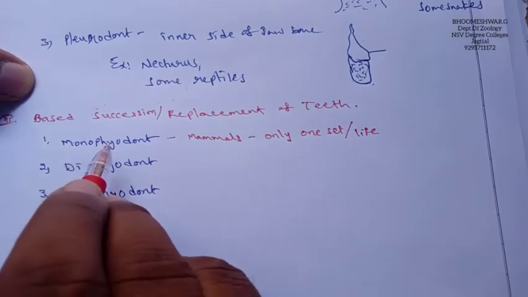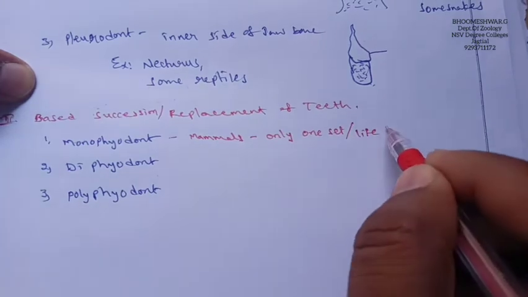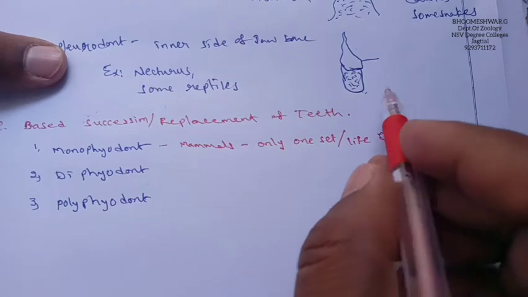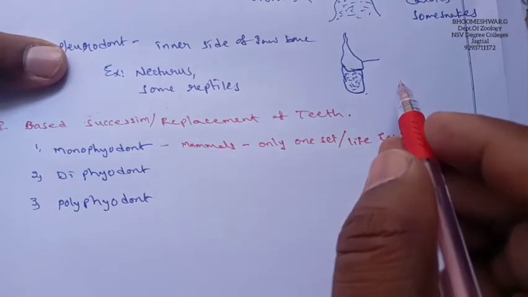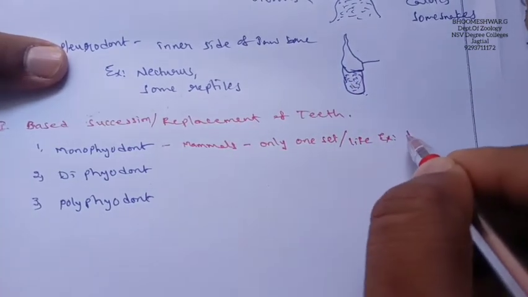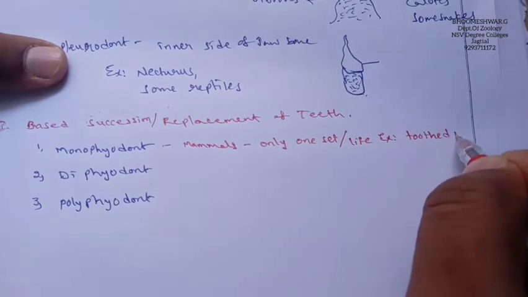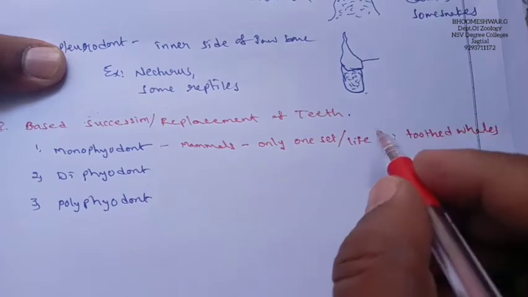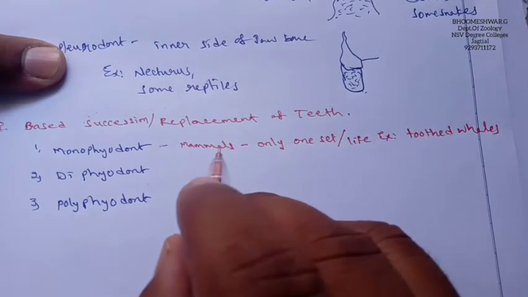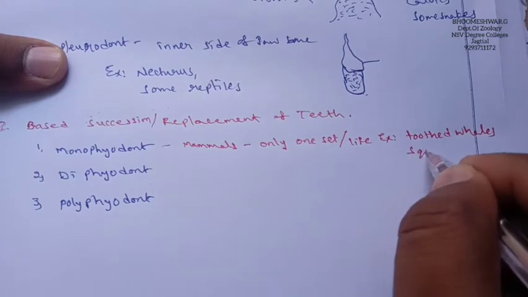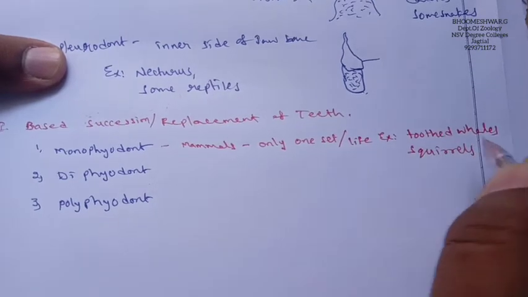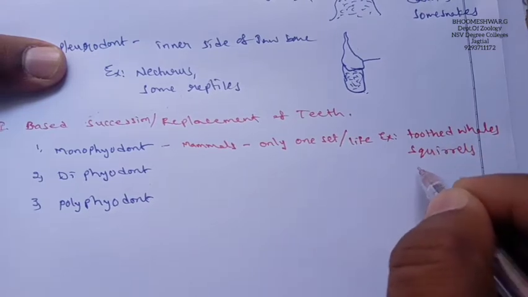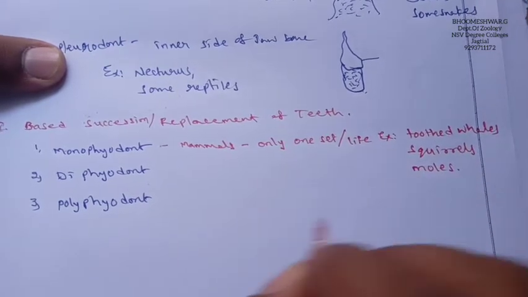These monophyodont teeth are well seen in some mammalians, like marsupials, toothed whales, certain rodents like squirrels, and some insectivores. A suitable example of an insectivore is the mole, right?